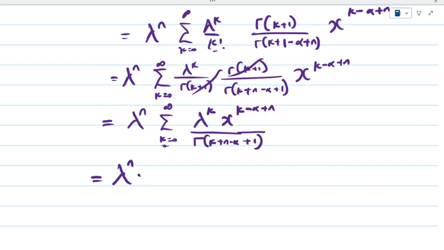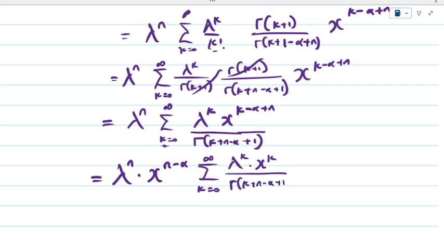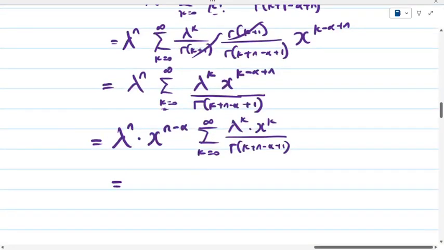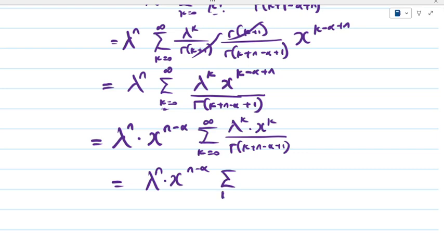Then I have lambda n times x to the n minus alpha, and the summation k equals 0 to infinity of lambda x raised to power k over gamma k plus n minus alpha plus 1.